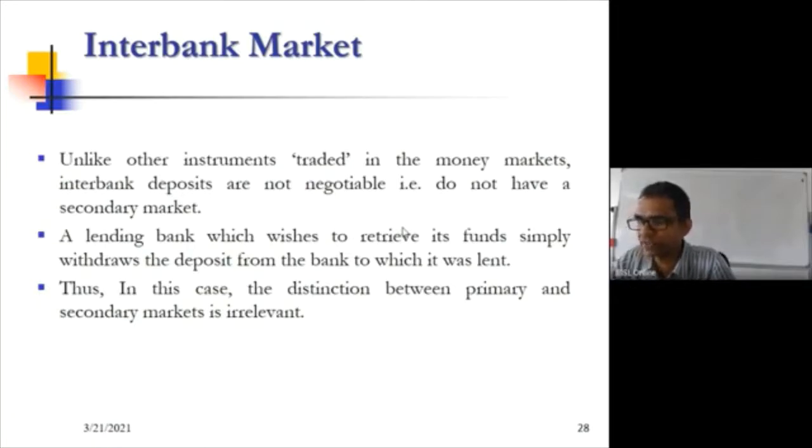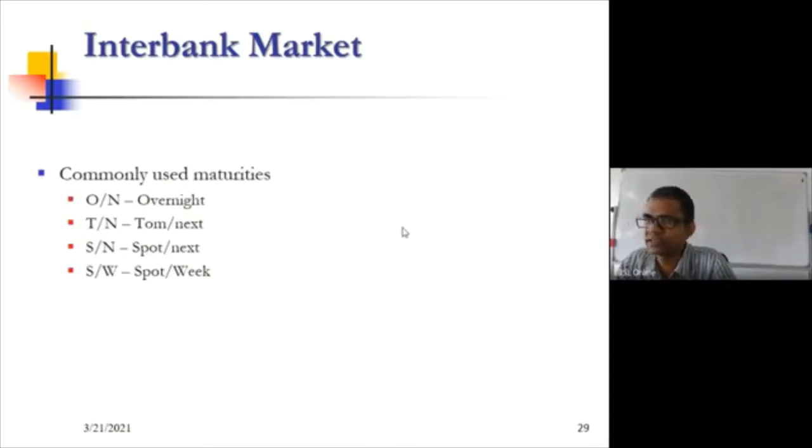Therefore, in the interbank market, there's no distinction between primary market and secondary market. It is just a transaction between two parties, not that one bank is issuing and the other bank is investing in a primary market. There's no such concept in the interbank market.